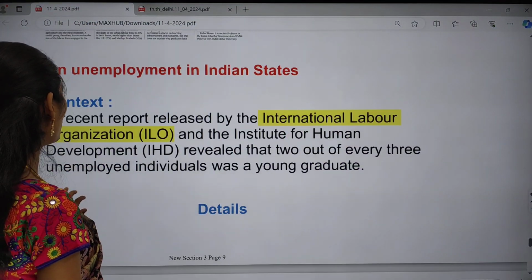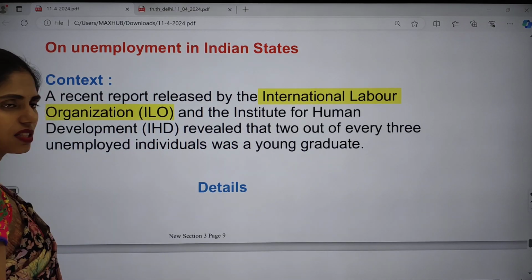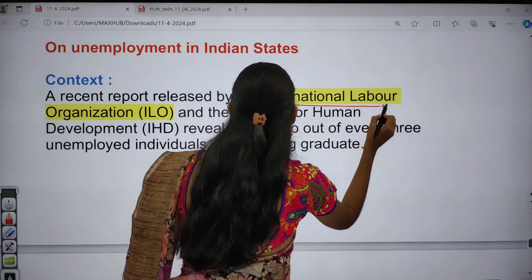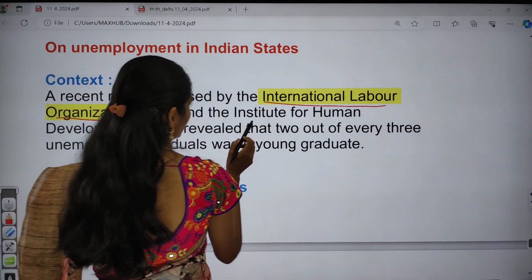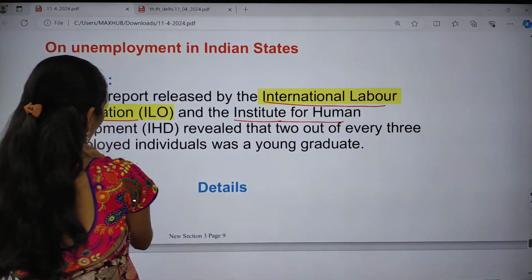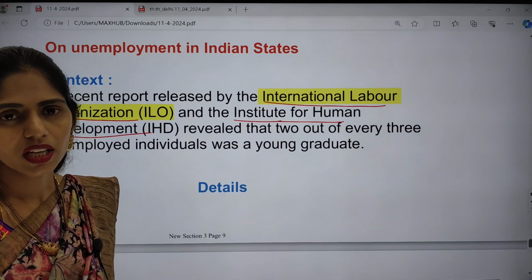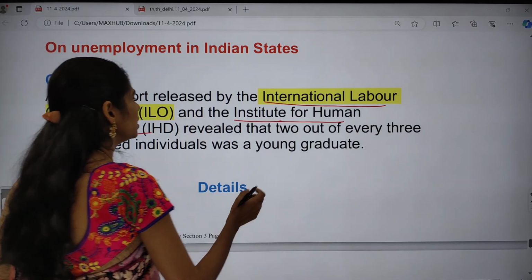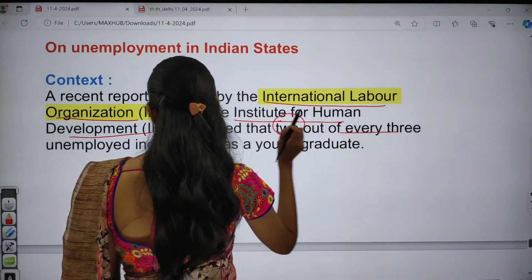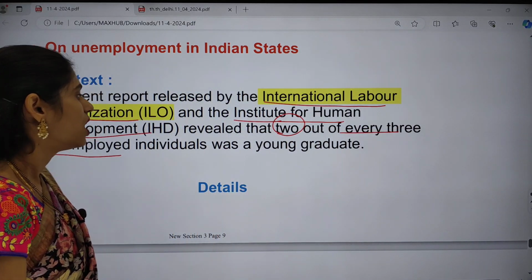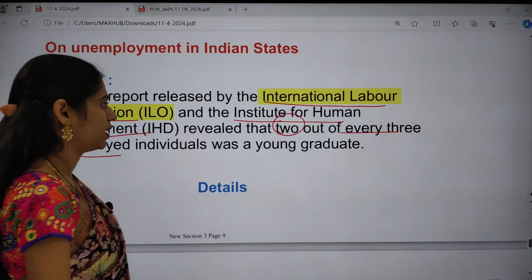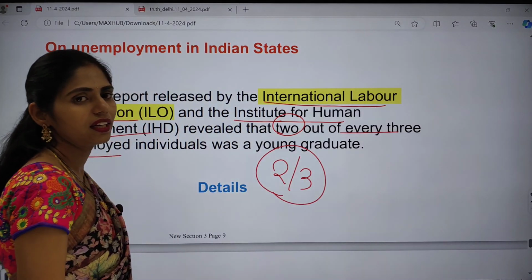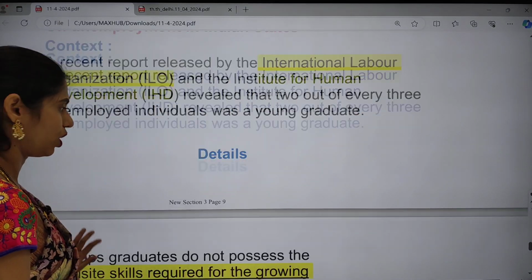The title says unemployment in Indian states. Why is it news? Because recently the International Labour Organization and the Institute of Human Development revealed that 2 out of every 3 unemployed individuals was a young graduate. They are young graduates, but they do not have employment.